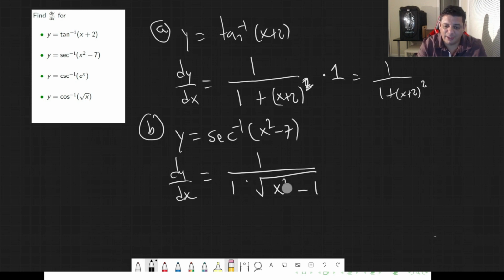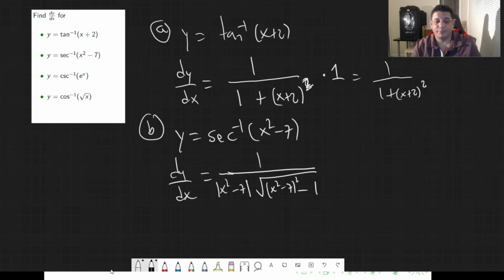So it means that we need to change that x and compose with x squared minus 7. So 1 over the absolute value of x squared minus 7 times the square root of (x squared minus 7) squared minus 1, times the derivative 2x. And that will be the secant.